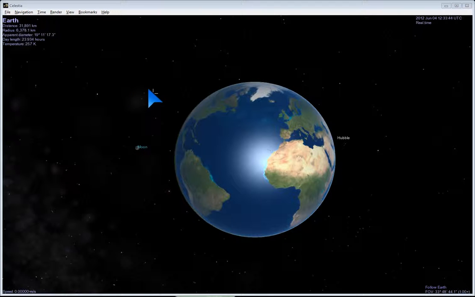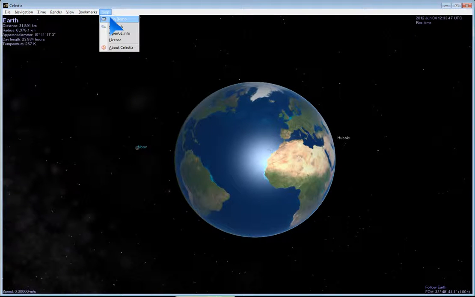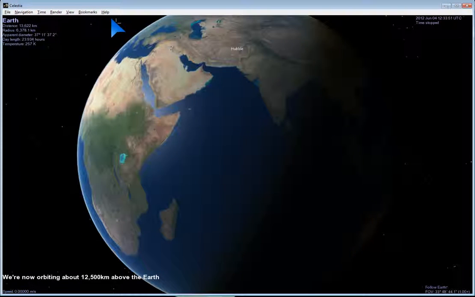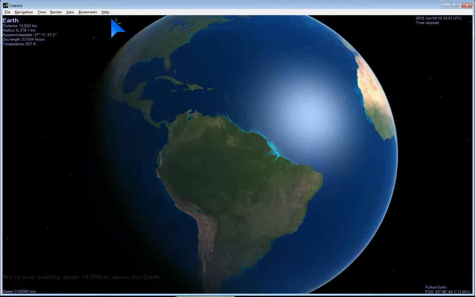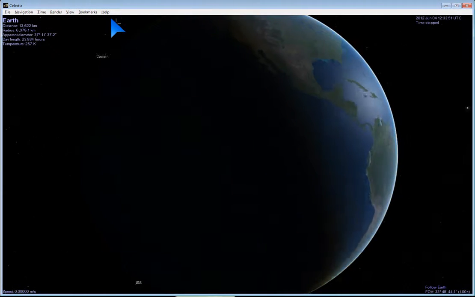Celestia does have a demonstration mode, which I'm about to start. So let's go into the demonstration mode. Here we are flying at 12,500 kilometers above the Earth.